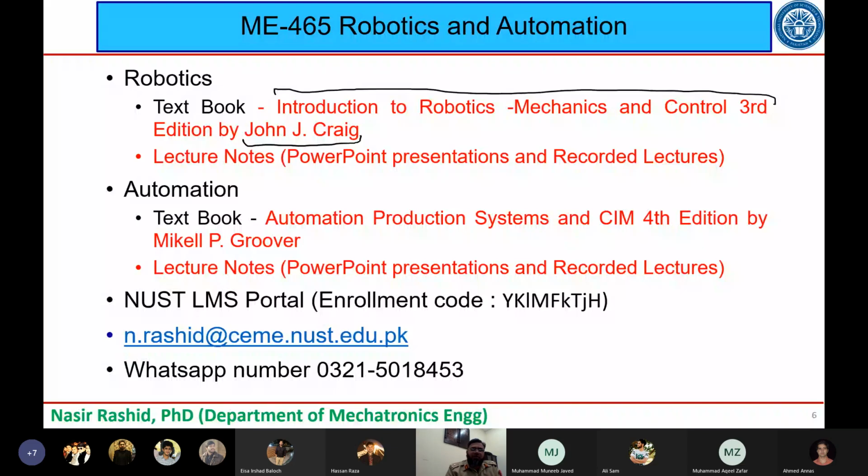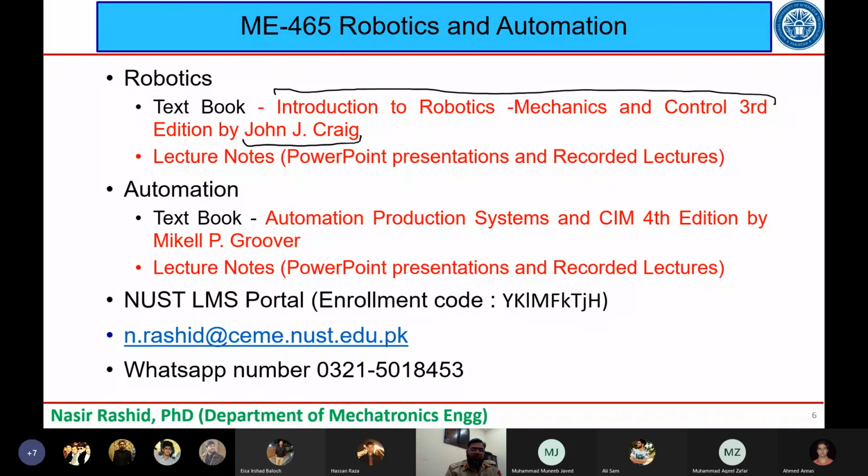Maximum people use this, so we would be following this. I have uploaded an e-copy of this book on the LMS portal. I would request you to please download that book and go through it also. And if you can find this book in the market, please buy it.